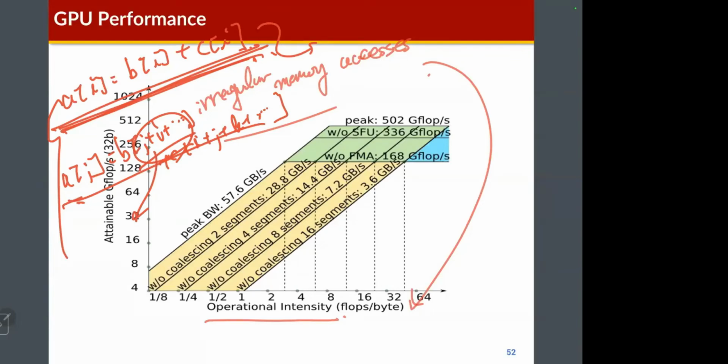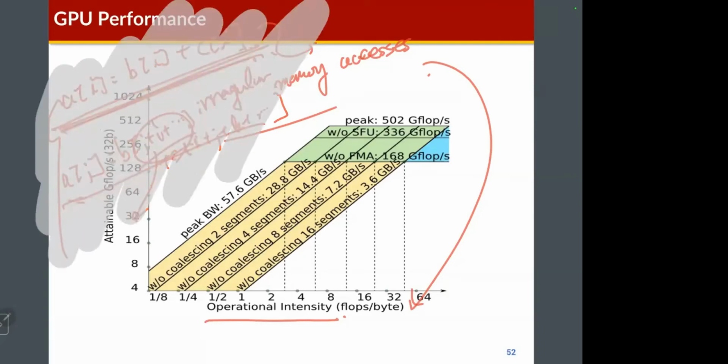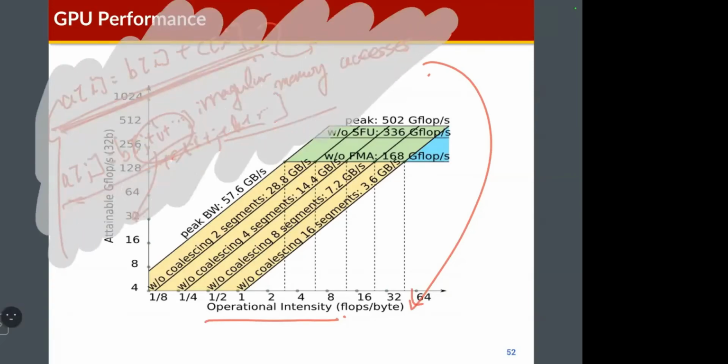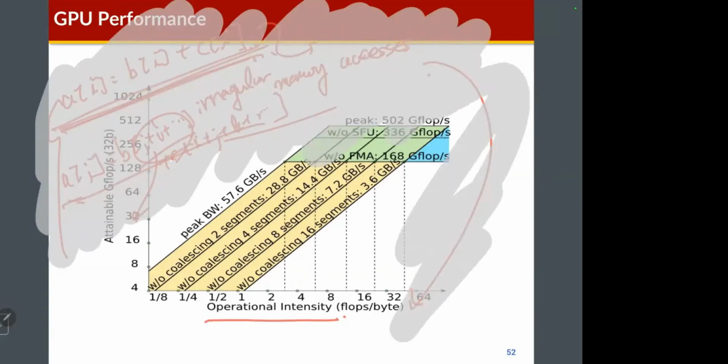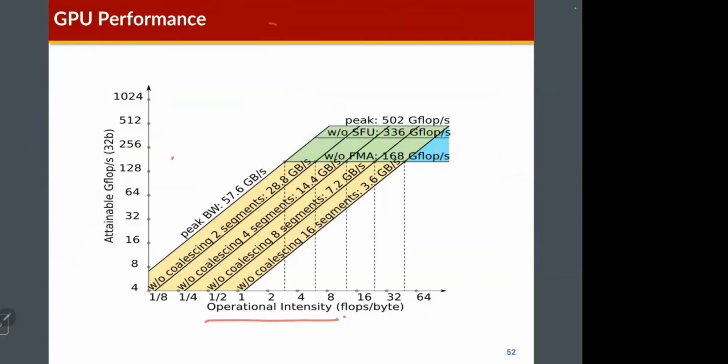What is the problem of irregular memory access patterns? It is not coalesced in the warp. So if irregular memory access patterns are observed, then a single warp may generate multiple memory accesses. And in this roofline model, the performance of the GPU is determined by different ceilings.